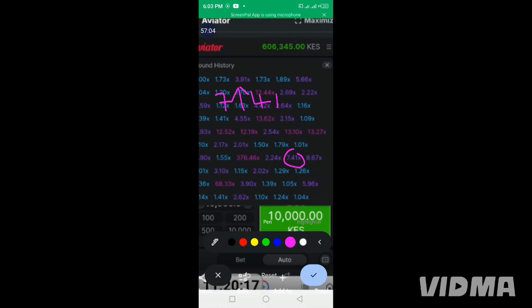You know, if it is like these guys, it's different from when it is like the second one. 41 increasing 7 on the first one, the one I have circled. This one, we are increasing 7 now.